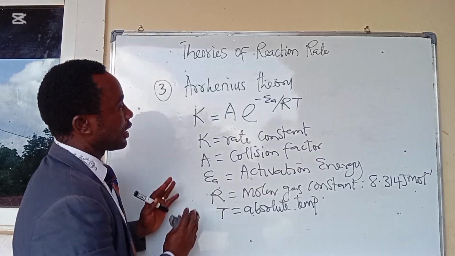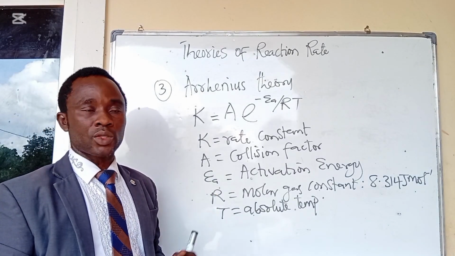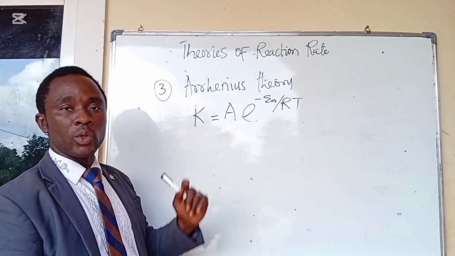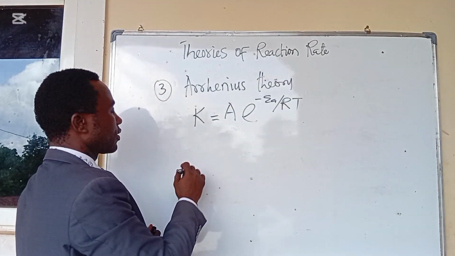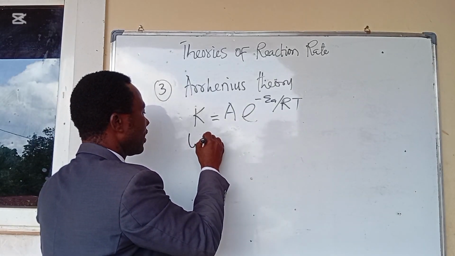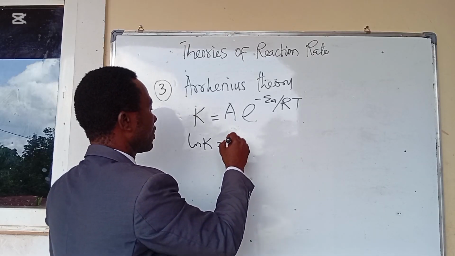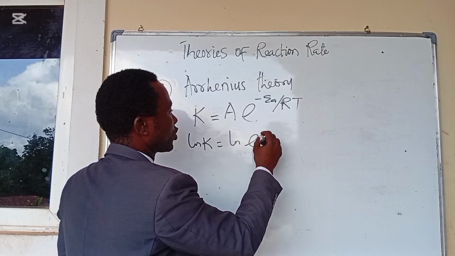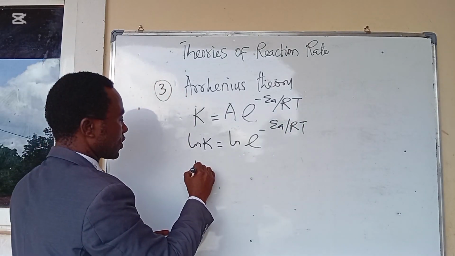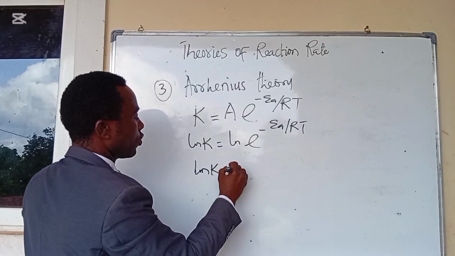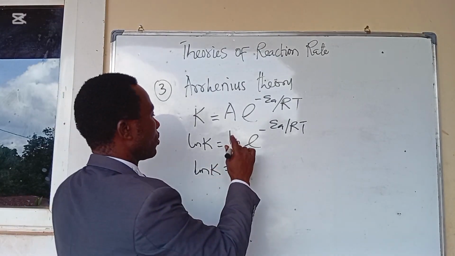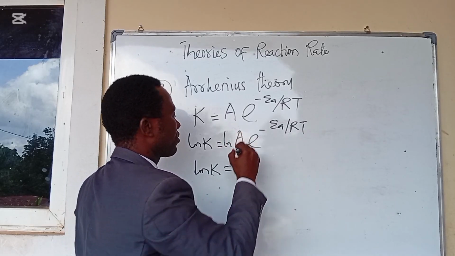Now, if you look at this, we want to get some derivations from this equation. Let us take the ln of both sides. That is ln, I mean natural logarithm of both sides. So you see that ln K will be equal to ln of A exponent minus EA over RT. Oh, I'm talking of ln A. Thank you.